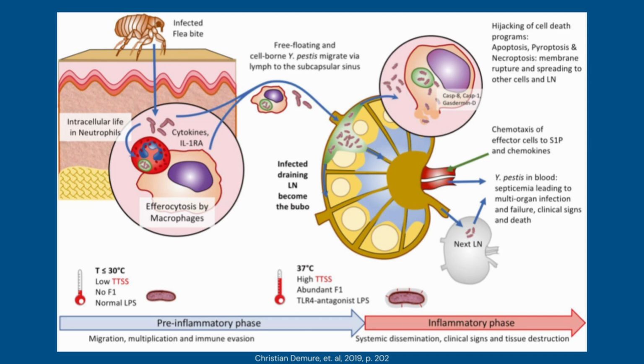At this stage, they will begin to secrete effector proteins, which are proteins that take control of host eukaryotic cells. And this is where the infection begins. This is where you start to see the symptoms of the bubonic plague.